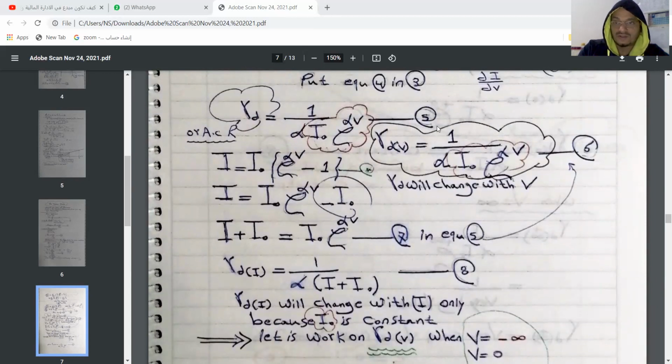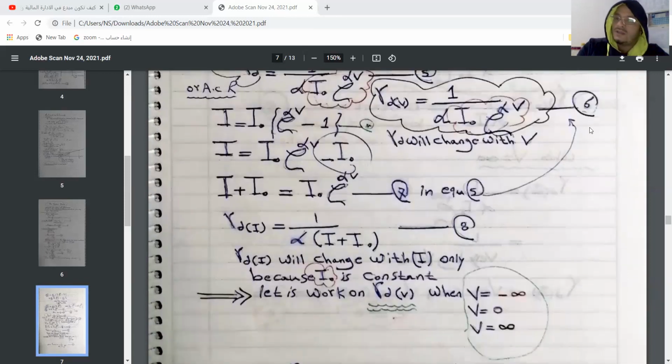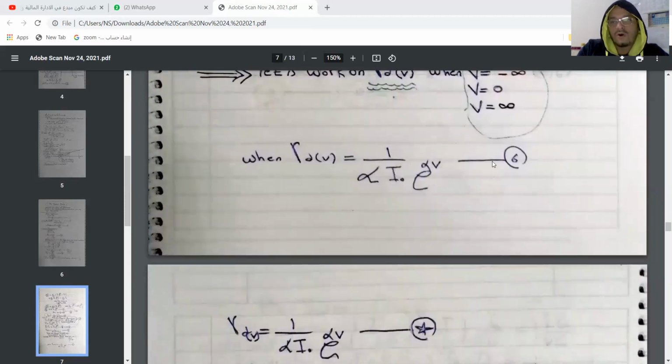I don't know why I wrote it with two different numbers. That's right, because here the dynamic resistance has a relation with V. We will depend on equation number 6: dynamic resistance equals 1 over the saturation current, the diode constant, exponential alpha V.